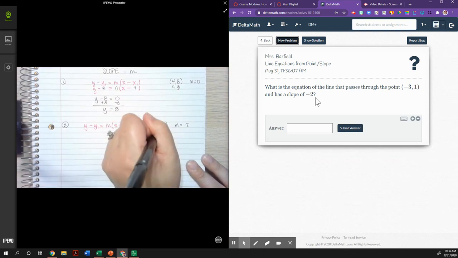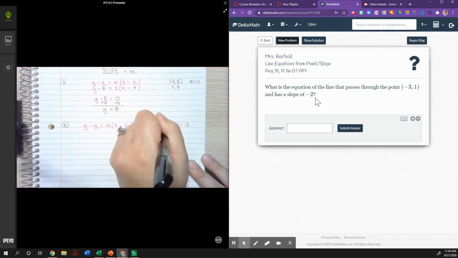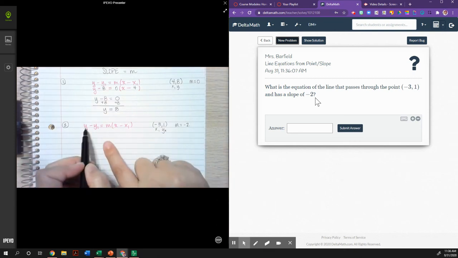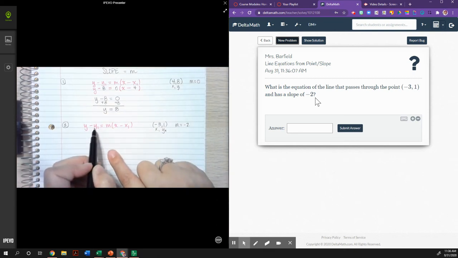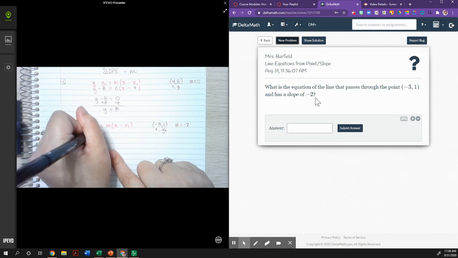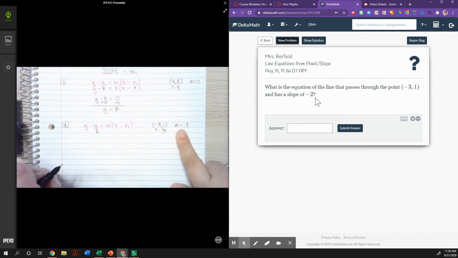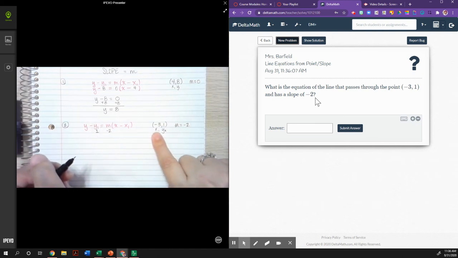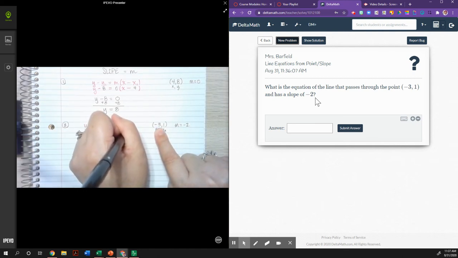So here's my x1, y1. I have not been given a y value. y1 is 1, so I'm going to put a 1 right underneath there. m is negative 2. My x1 is negative 3.